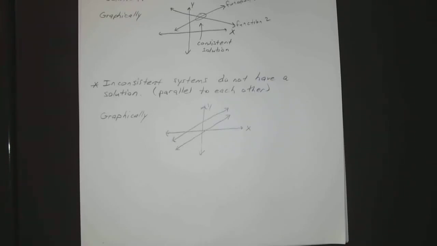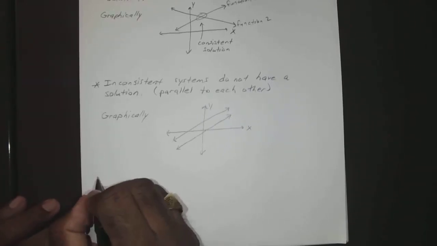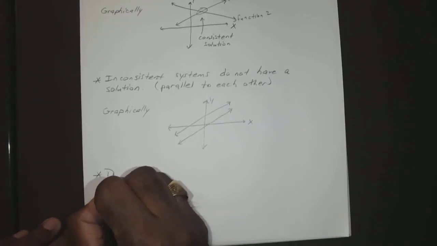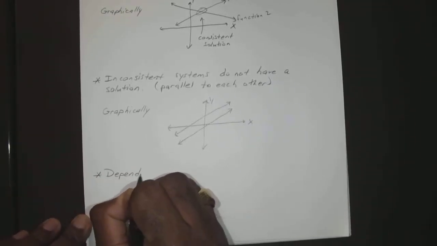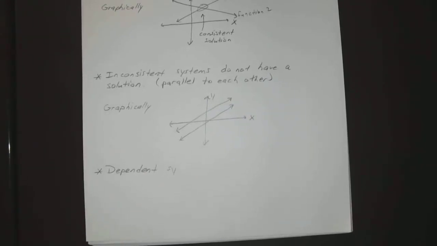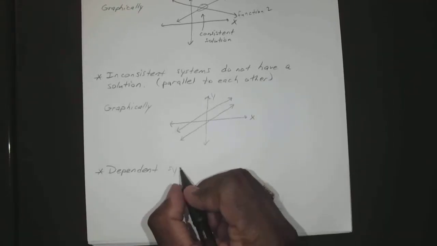If you manipulate one, you'll get the other. Do they have a different slope? Nope, they have the same slope, the same intercept, the same everything. They just tweak it a little bit to look different. But I'll give you examples of each.